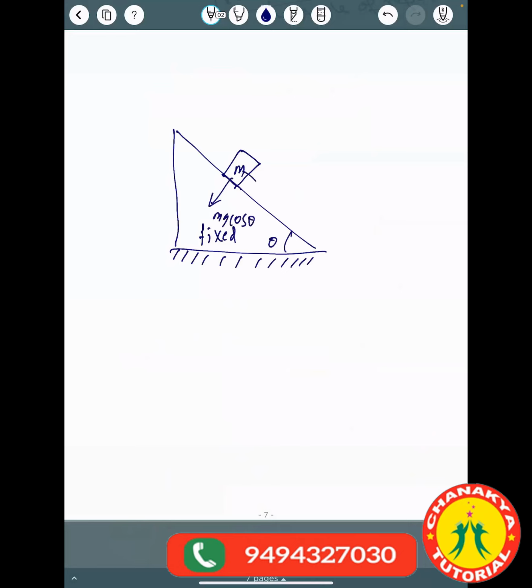This should be on your fingertips. And this is my normal. Normal will always be equal to mg cos theta, so these are balanced, so it cannot penetrate and go inside the inclined plane. Now it can only have a tendency to move in this direction.